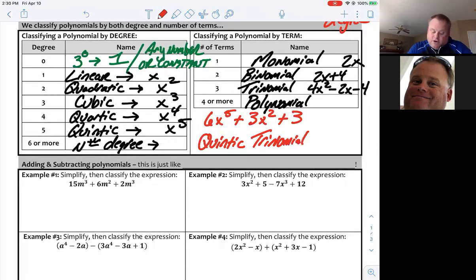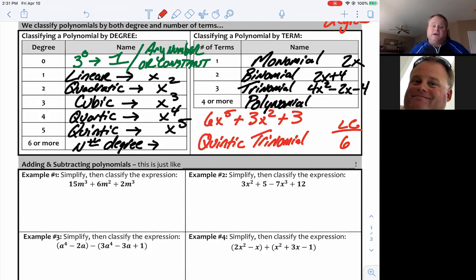Quintic because it has a power of 5, that's the highest power. Trinomial because there are 3 terms. Now, if I ask you what my leading coefficient would be, you should say 6. And why is 6 my leading coefficient? Because it is the number attached to the variable with the highest power.